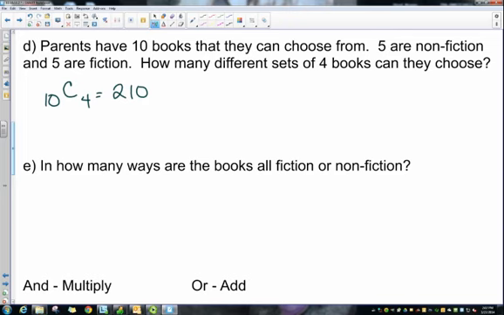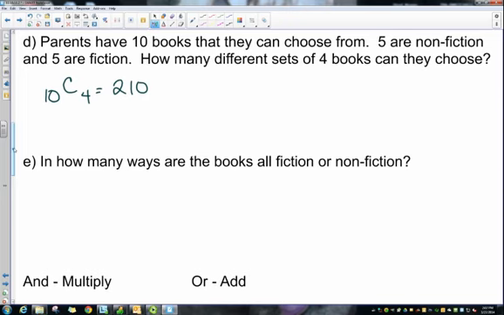Now, how many ways are those books all fiction or all nonfiction? Now this is where, like the last part, we've got to figure some things out. I have 5 fiction, I have 5 nonfiction. I want just fiction. Well, I have 5 books, I can choose 4 of them because I'm still wanting 4 books. The next one, I have 5 nonfiction, and I'm choosing 4 of them. So 5C4 is 5.